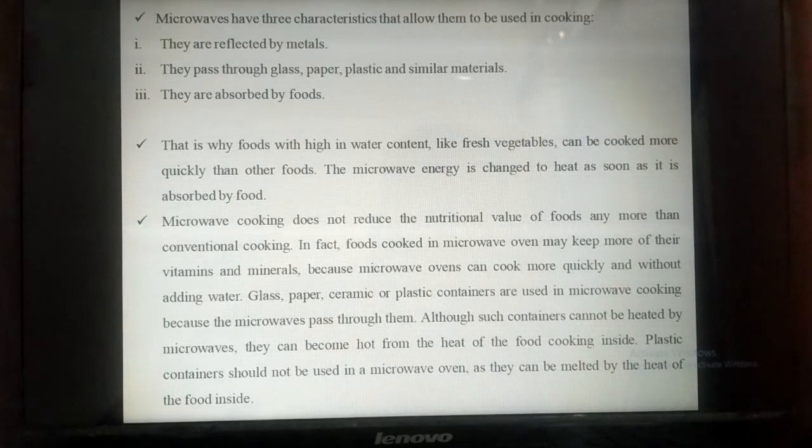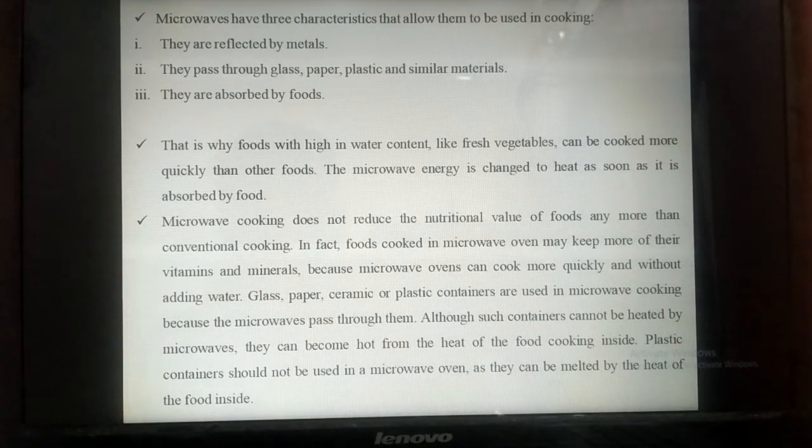Second, they pass through glass, paper, plastic, and similar materials. Third, they are absorbed by food. That is why food high in water content, like fresh vegetables, can be cooked more quickly than other foods. The microwave energy is changed to heat as soon as it is absorbed by the food.